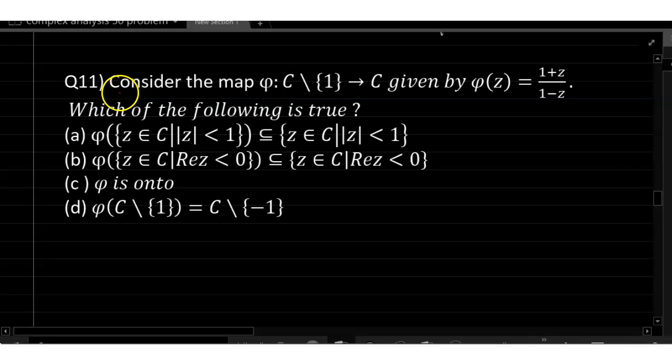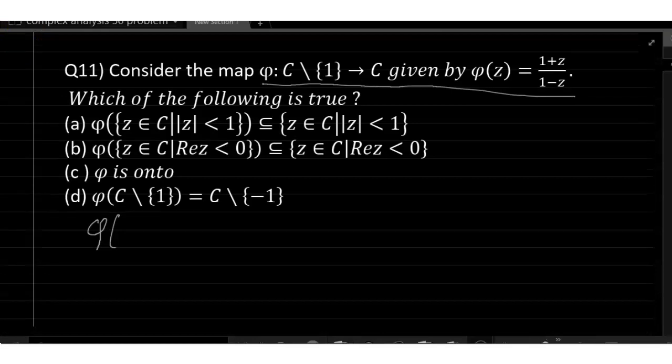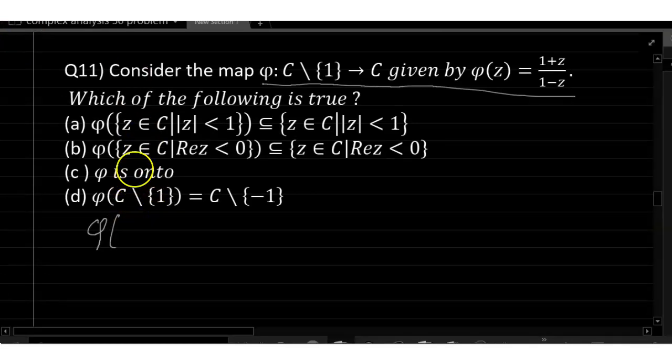Question 11. Consider the map phi from C minus 1 to C given by phi(j) equals 1 plus j divided by 1 minus j.